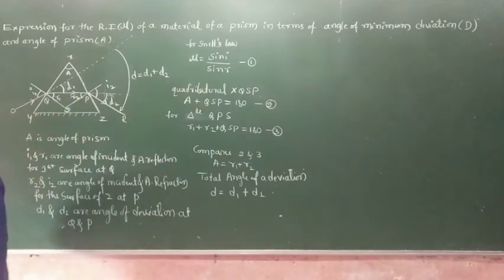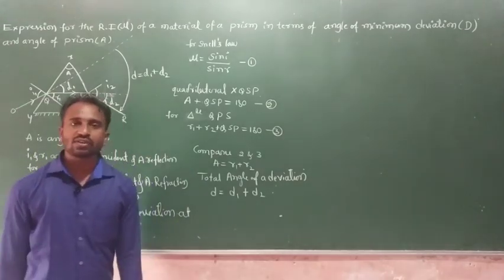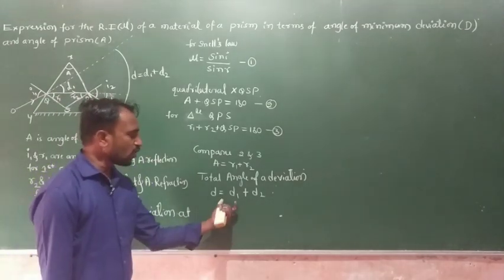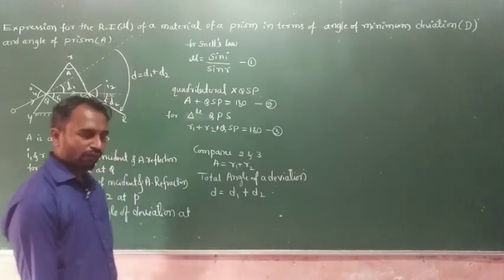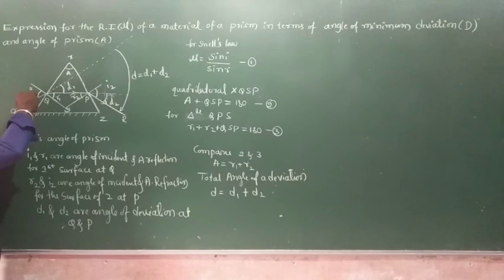D1 is the angle of deviation for the first surface and D2 is the angle of deviation for the second surface. So here we want to find the D1 and D2 values. This angle is I1, and this angle also is I1. The total angle is I1, and here also I1. Yes. So here I1 splits into two parts. One is D1, another one is R1.